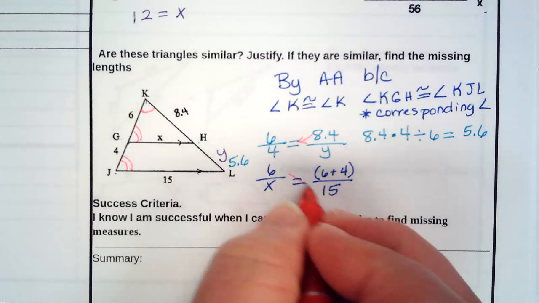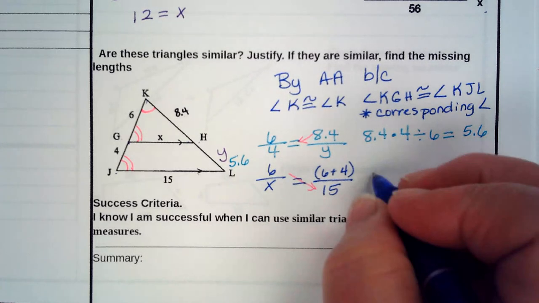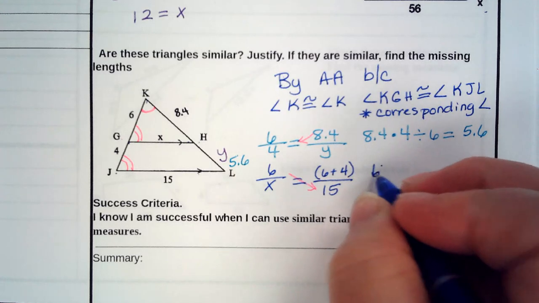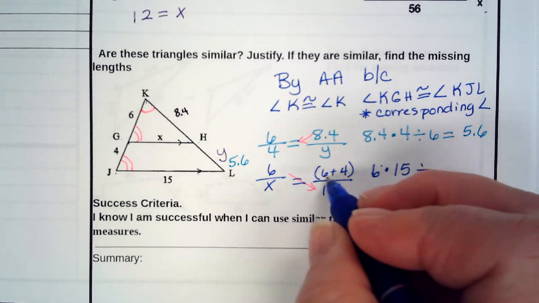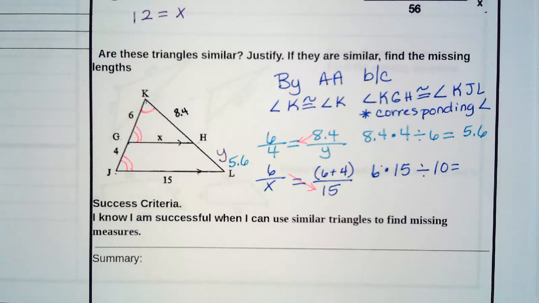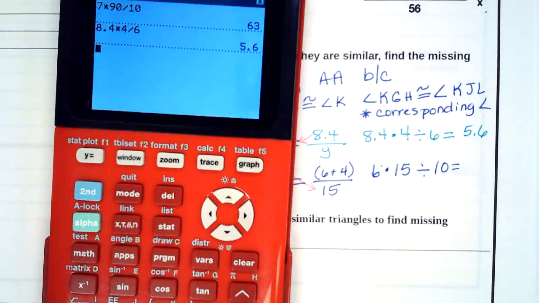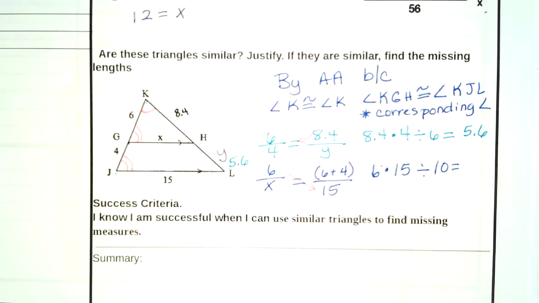Multiply and then divide. 6 times 15 divided by, what is 6 plus 4? 10. And you end up with 9.